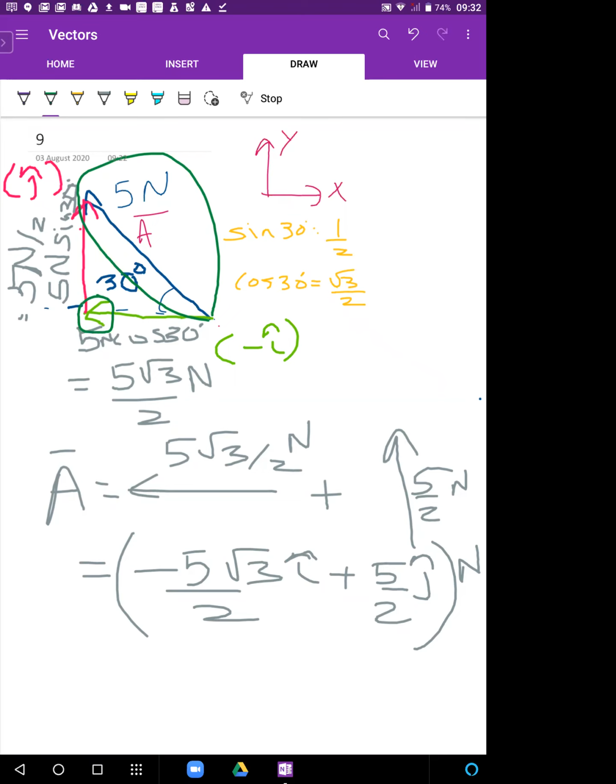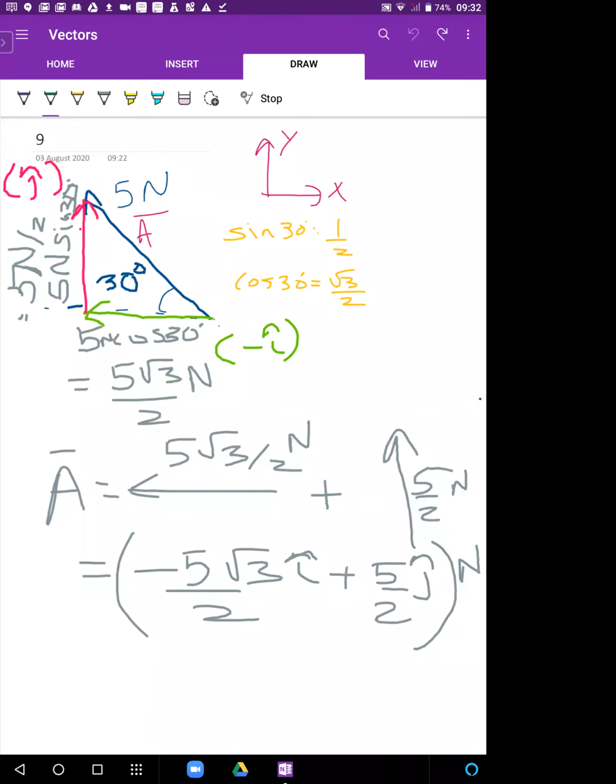Now pointing towards left means this part is opposite my x-axis. So this part gets the direction minus I cap. Magnitude itna hai, direction hai minus I cap. Okay. So my horizontal part is 5 root 3 Newton by 2 minus I cap.